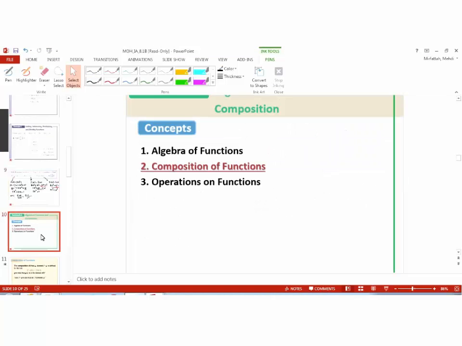Right, so we saw how to add, subtract, multiply, divide functions, algebra functions. The next concept here is composition of functions. Let's take a look at that.